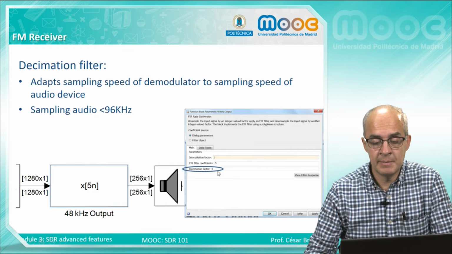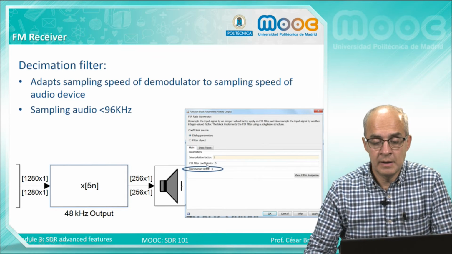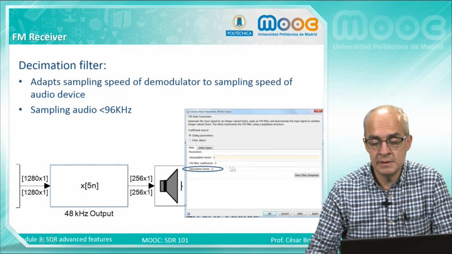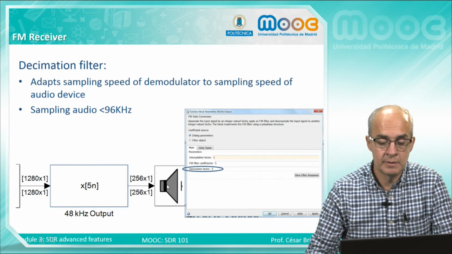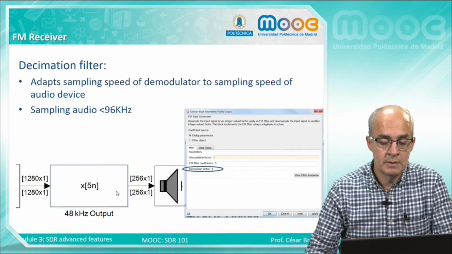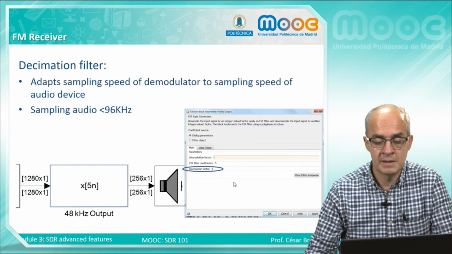It has 3 parameters: the interpolation factor, which is not used here, is set to 1. The number of filter coefficients, which is not very relevant here, 5 to 10. And the important value is the decimation factor. It must be a value that is accepted by the audio device.